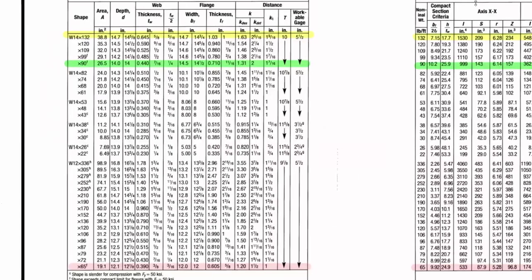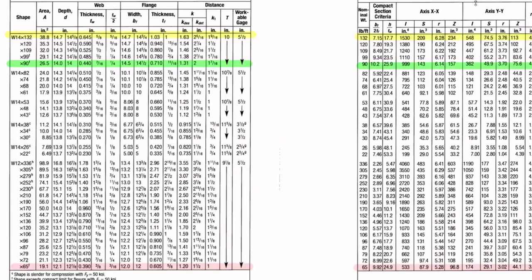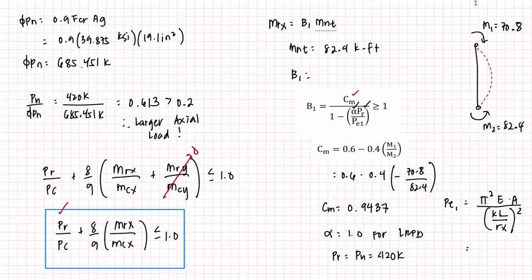So Rx is 5.28. 5.28 and then squared, value is 539.83. Yep. Okay. So, copy ko lang yung values na to. Then we'll proceed to the next page.